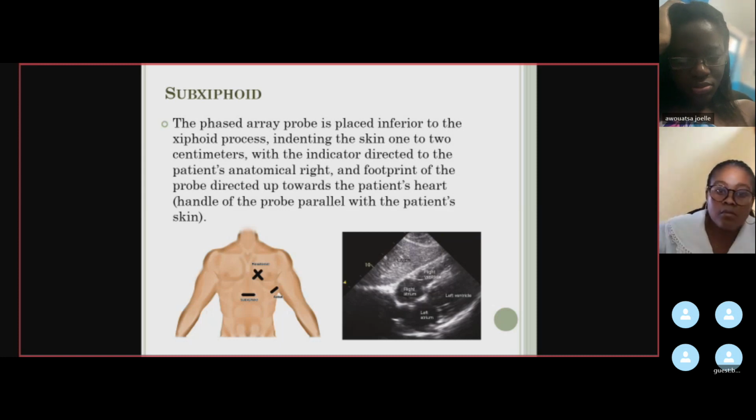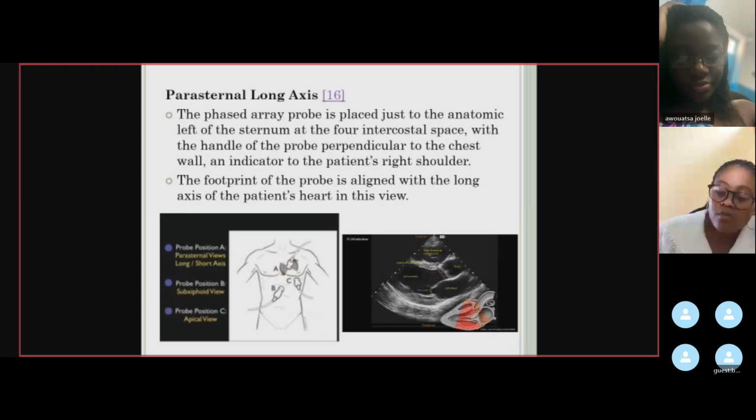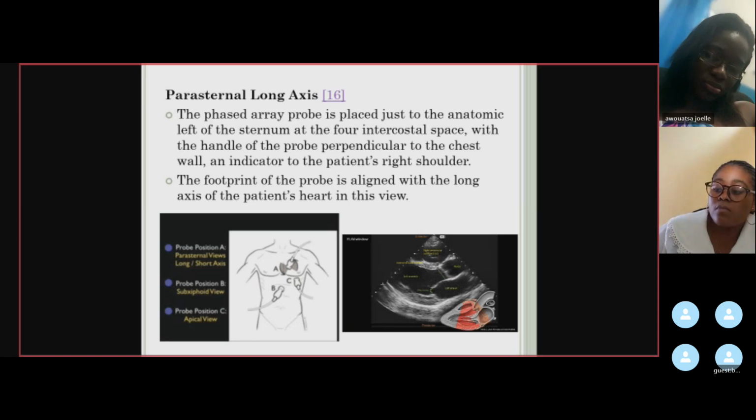Next is the parasternal long axis view. Here we keep the probe on the anatomical left of the sternum at the fourth intercostal space, and the handle of the probe should be perpendicular to the chest wall, so that it indicates to the patient's right shoulder.